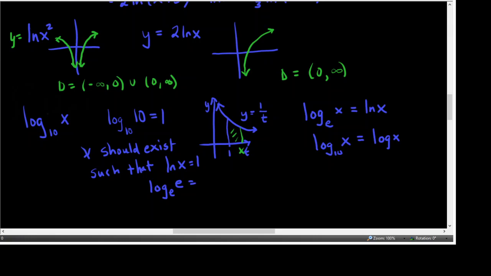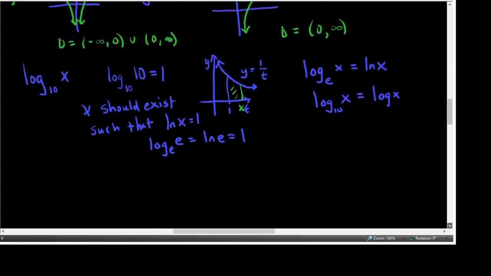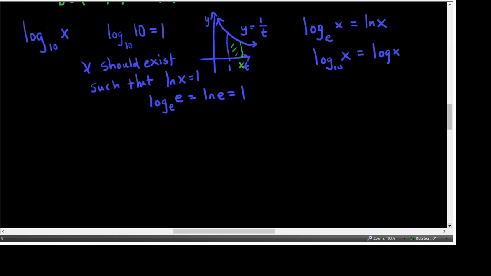And so since log base e of something is ln of that something, it's 1. And so we have a transcendental number, e, kind of like pi. A transcendental number is an irrational number that cannot be written in terms of a radical.